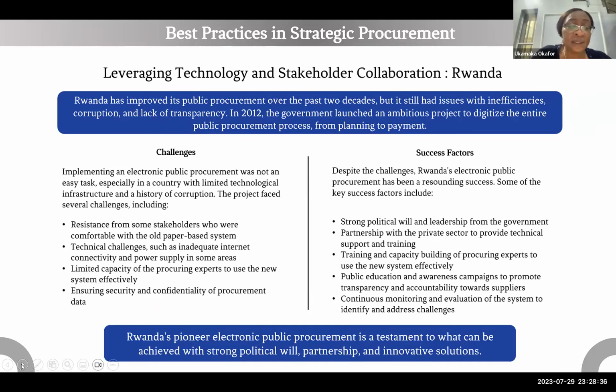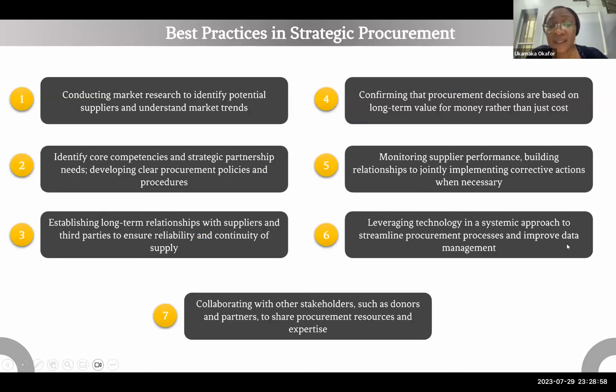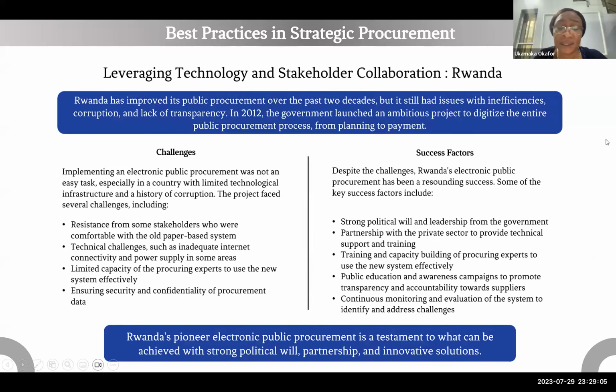I think the slide after this is the case study of Rwanda. If you look at this item 6 we just discussed in one of the best practices, there are 7 best practices, and item 6 is exactly what Rwanda has done.